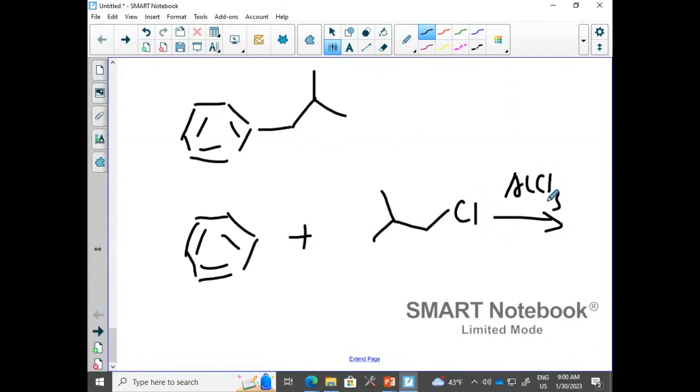If you take this approach, it certainly will fail, because we know that in this reaction you will see carbocation rearrangement. So you will not get the product you wanted. Instead, you will get this one as your product. So this one won't work.